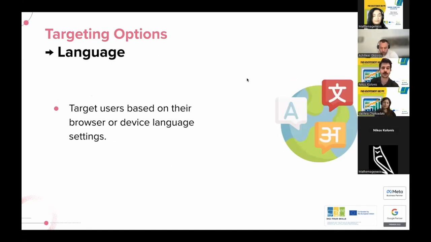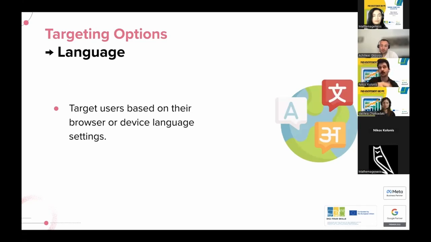We can also target based on language, so the language that somebody uses on their phone, for example. And this is very powerful because, in combination with location targeting, you might want to target a specific location, but only target people that speak another language than the main language usually spoken in that area.